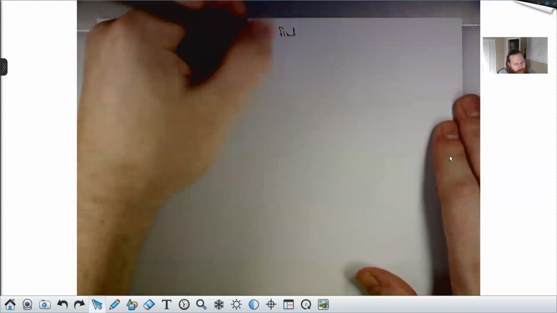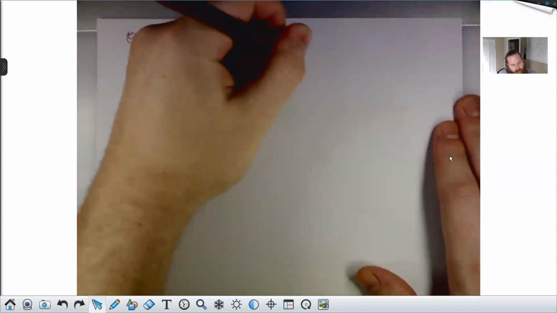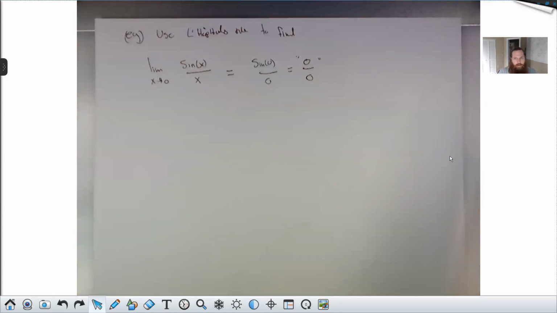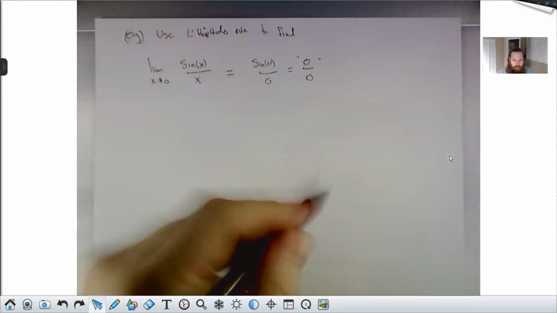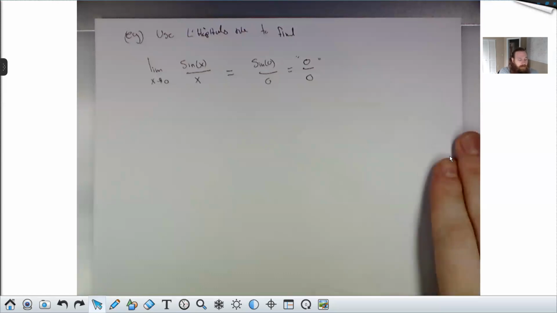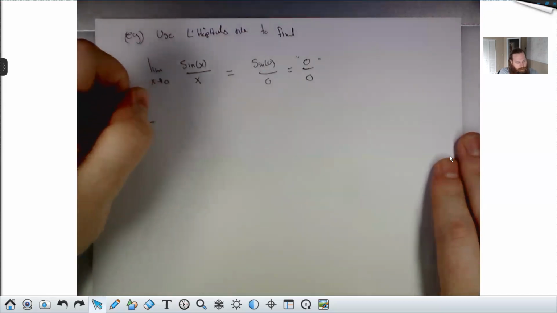Look, if I plug in 0, this looks like sine 0 over 0, and the sine of 0 is 0. So this looks like 0 over 0. And I put it in those quote bunnies because 0 over 0 isn't necessarily a number, it's an indeterminate form. So I'm saying I'm not responsible for this. Since this looks like 0 over 0, the theorem tells me I can use L'Hopital's rule.